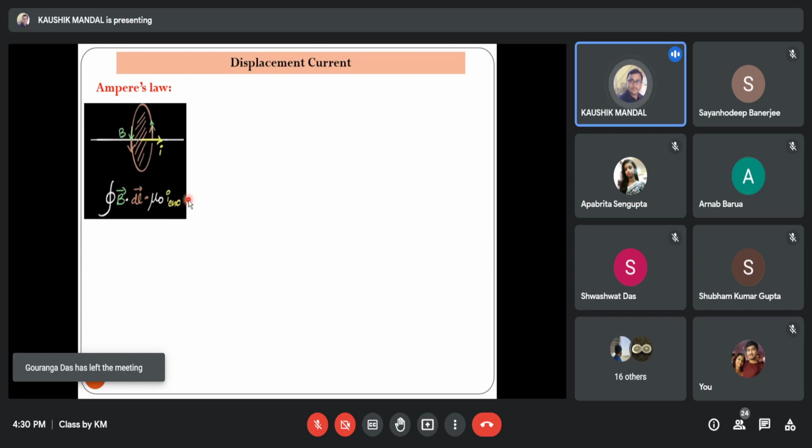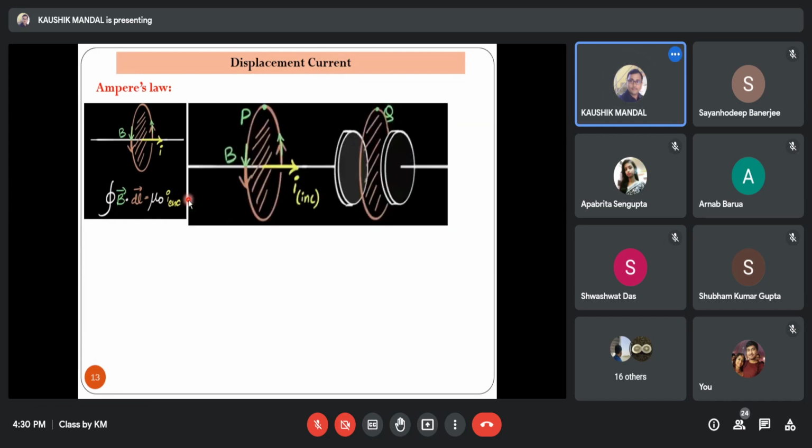Now we'll consider what the problem is, to demonstrate this particular situation with the help of Maxwell's equations. With this particular conductor, we are connecting a charging or discharging capacitor. So this is basically a plate capacitor. These two plates represent the two plates of the parallel capacitor.